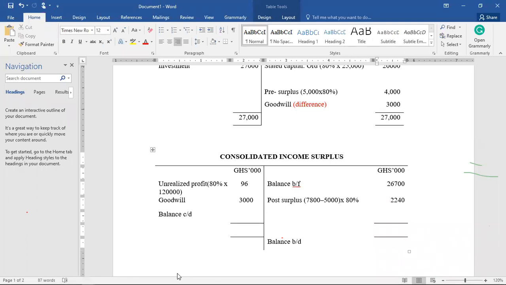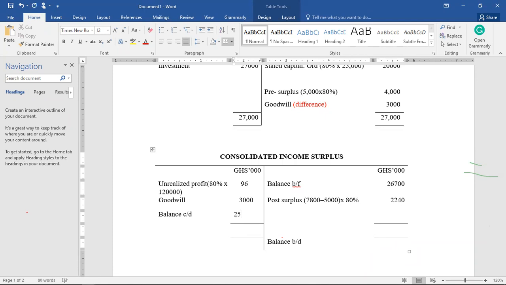When you balance the account, how much are you getting? It's 25,844. That's the total. That's the difference.